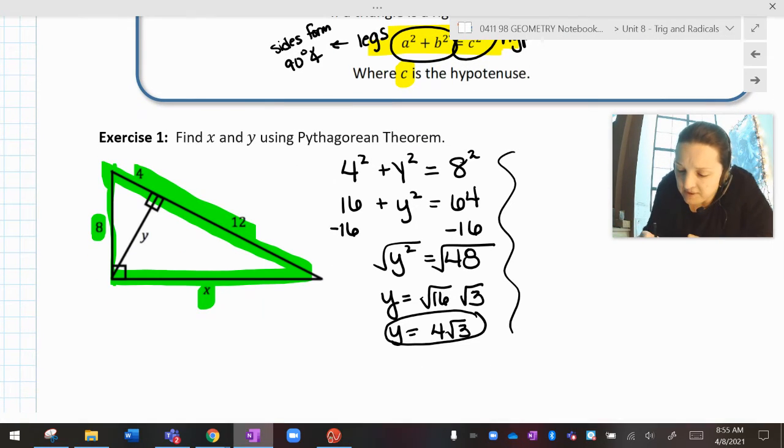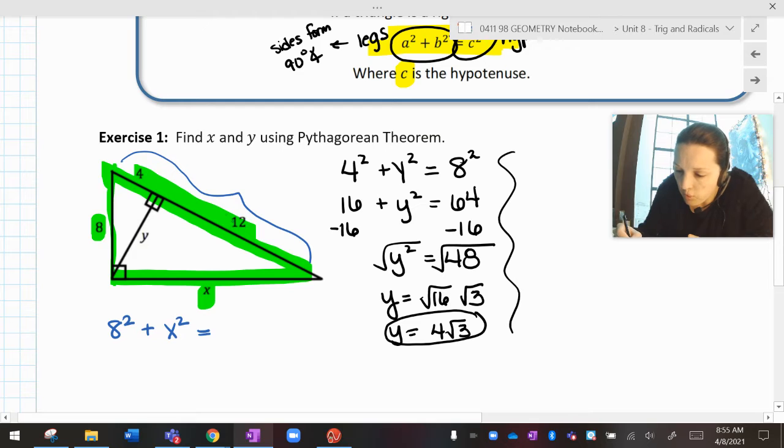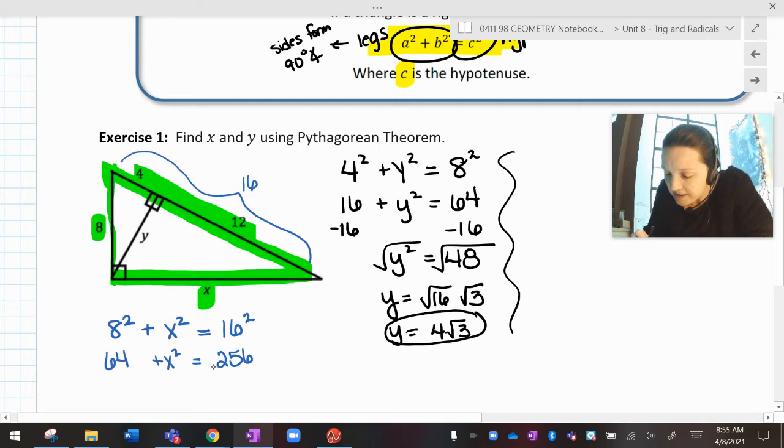So I'm going to write this as 8 squared plus x squared equals, oh, what's my hypotenuse? Well, 4 plus 12 is 16, equals 16 squared. And then I would get 64 plus x squared is 256.